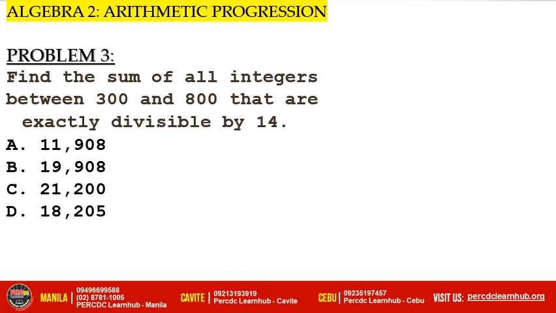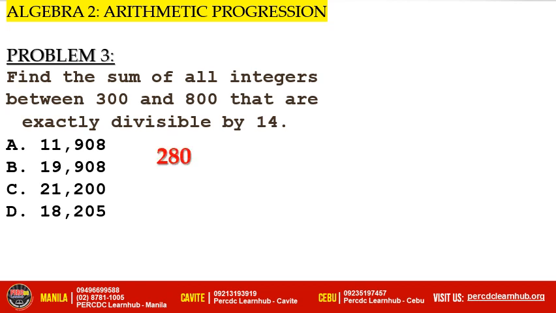Dapat hindi lalagpas ng 800 and then sa 300 naman, dapat lalagpas ng 300. Pag sinabing divisible by 14, pinakamalapit sa 300 na nasa mind ko ay very obvious na 280. And then from 280, mag-a-add na lang tayo ng 14, 14.